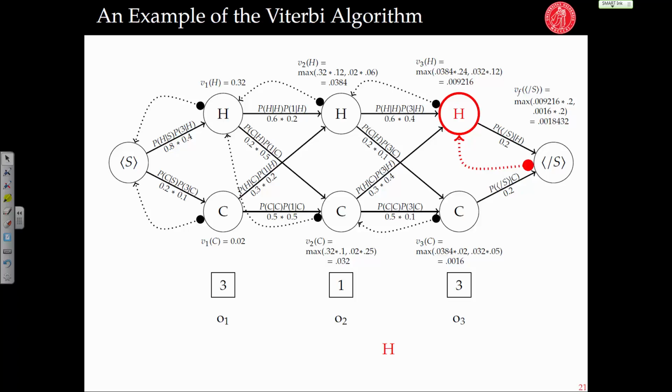Not backtrack, I guess. It's just going back along the path we followed to arrive at this number. So here it's clear that we got this number by moving from H to the end state, not from C. So we keep that, and we output H. And then when we are here, to get this maximum probability, we had to move from H to H as well.